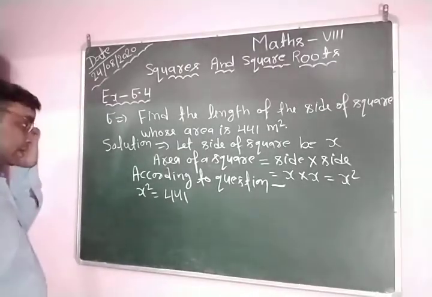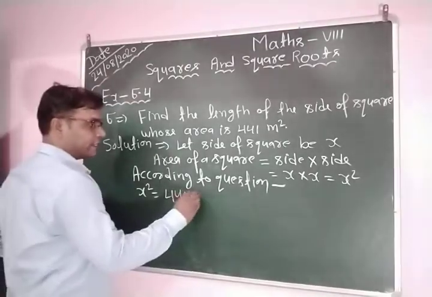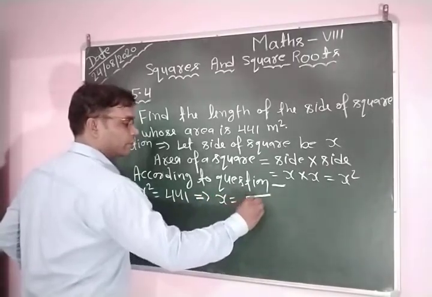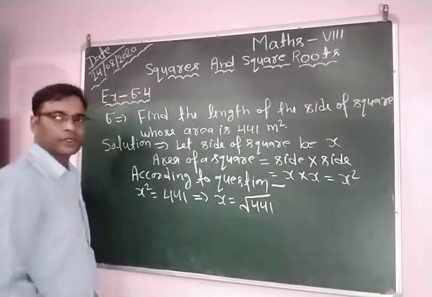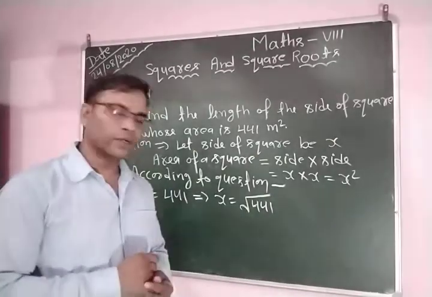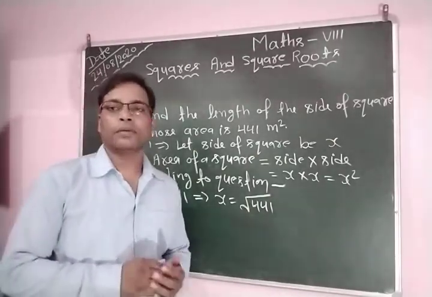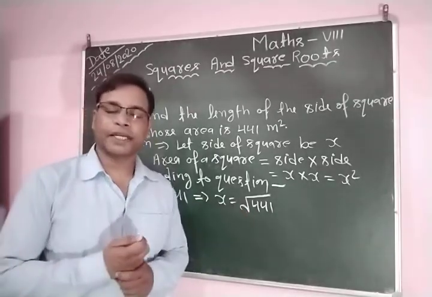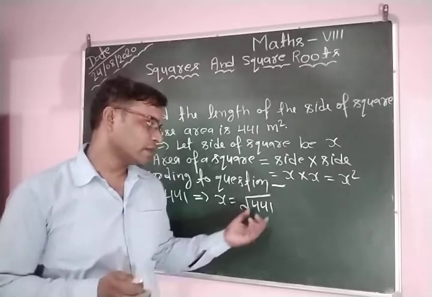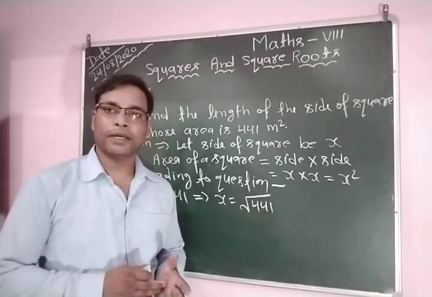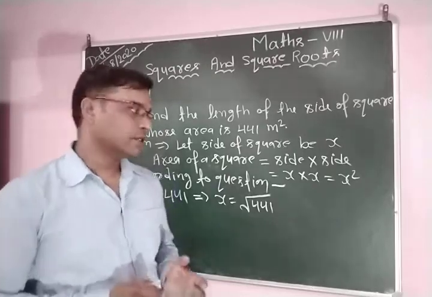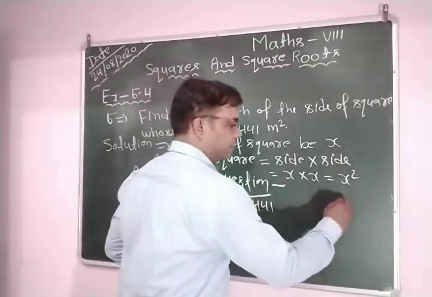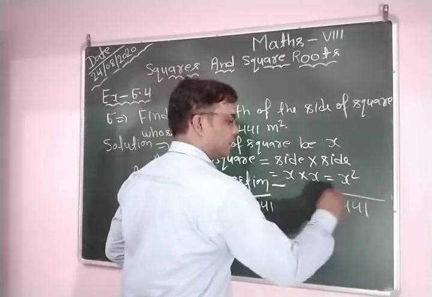Okay, so we can write here x is equal to the square root of 441. Now we need to find the square root of 441 by any method. Use the division method, or the prime factorization method, or the repeated subtraction method. Okay, so for this we use the division method. So here we write 441 like this.